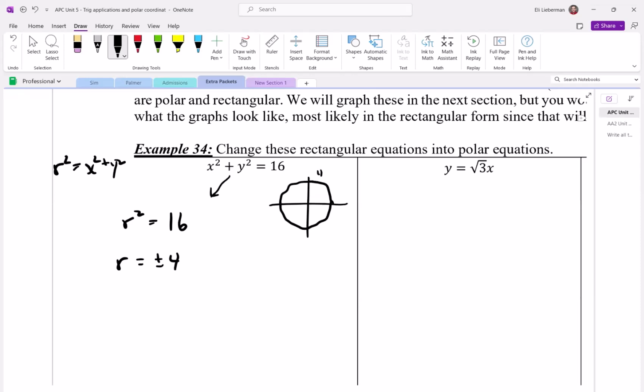In fact, it's a lot more elegant, I think, than the kind of clunky x squared plus y squared equals 16. r equals negative 4. Think about how that would work as you move your axis around the pole. You're tracing out the r equals negative 4 values. It traces the same circle.